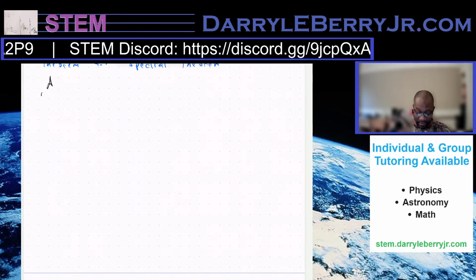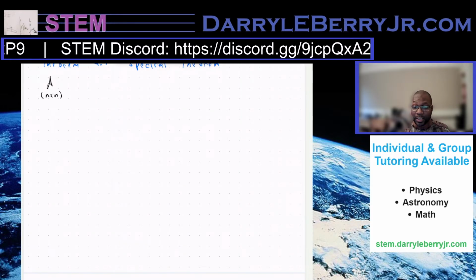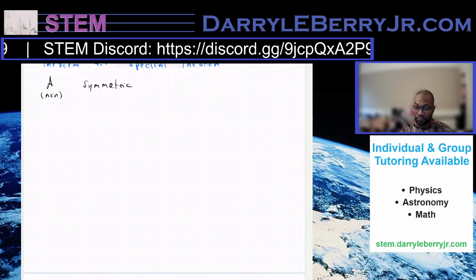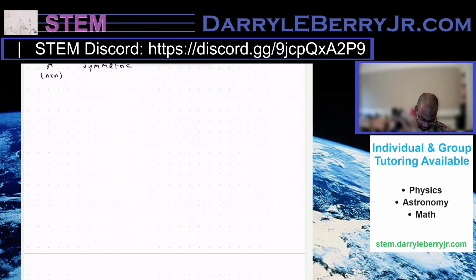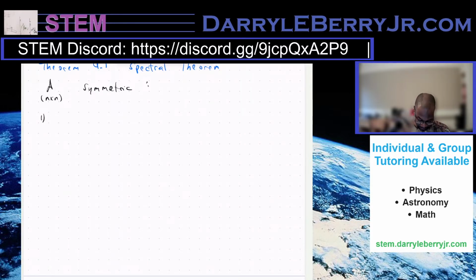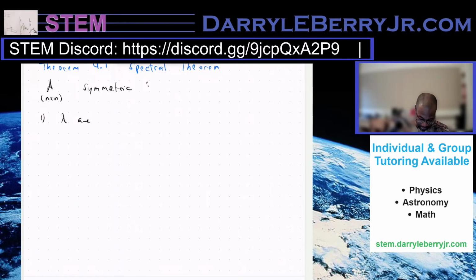A is an n by n symmetric matrix. One, the eigenvalues lambda are real.